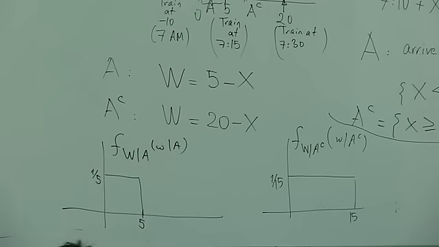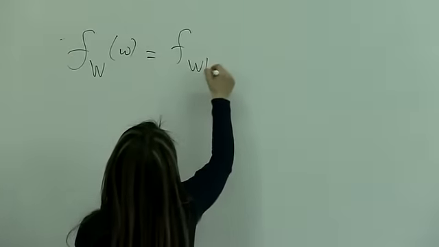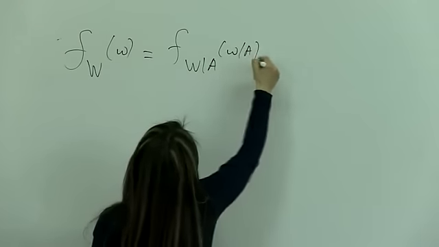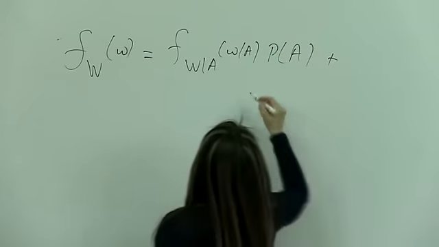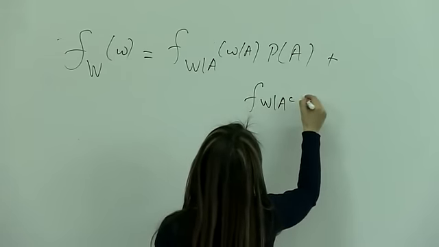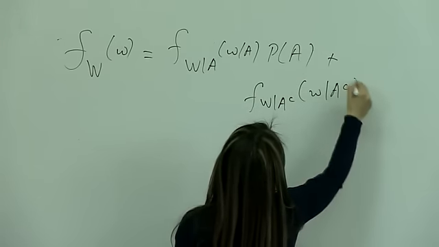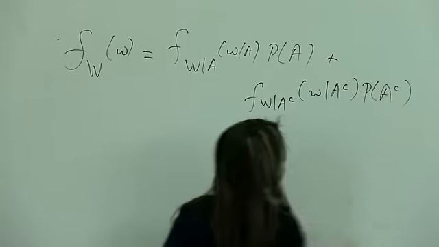So f W of W, the density of my waiting time, is f W given A times the probability of A, plus f W given A complement times the probability of A complement.